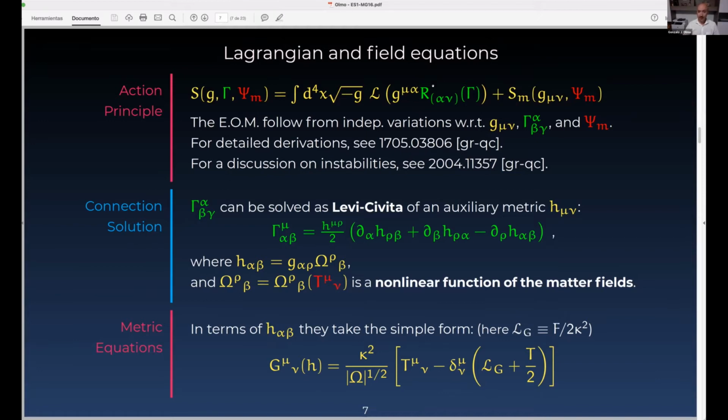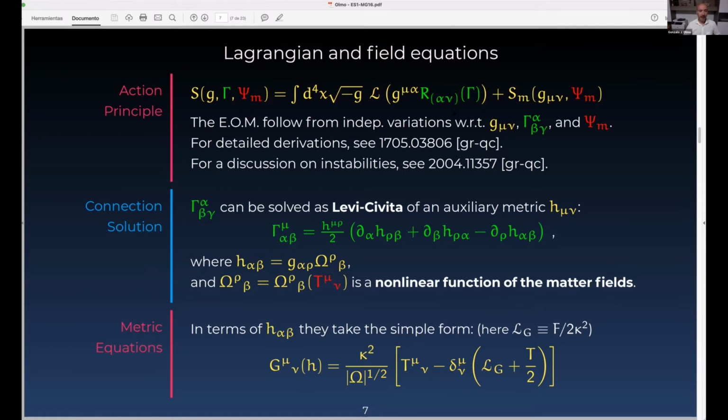And this explains why we are considering only the symmetric part of the Ricci, okay? Because in that case, we have a projective invariance, and this symmetry allows us to trivialize torsion, okay? So torsion is not really very important unless you consider fermions, okay?